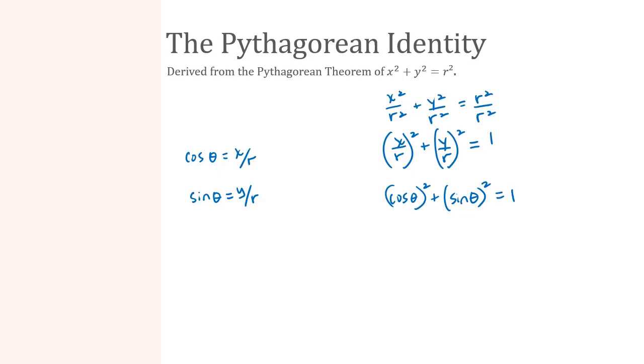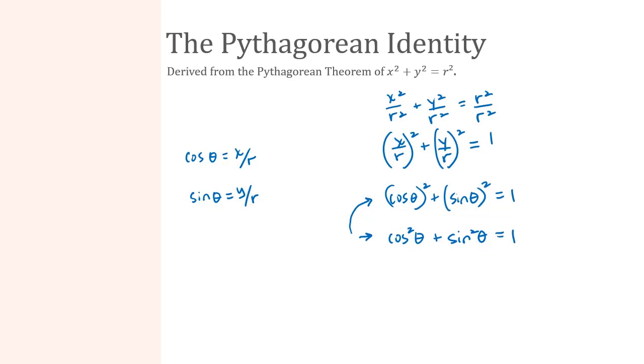This notation is more commonly written as cosine, with the square between the cosine and the theta. But I want you to just know that what cosine squared theta means is just take whatever the cosine of theta is, whatever that output is, and square it. So cosine squared theta plus sine squared theta is equal to 1.